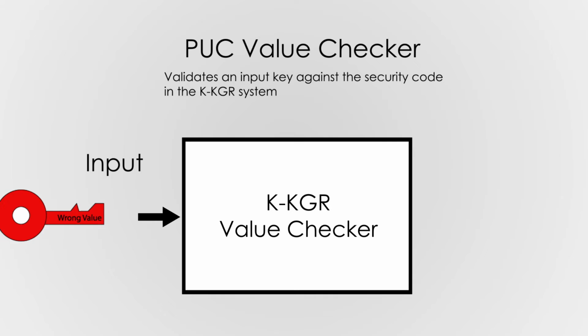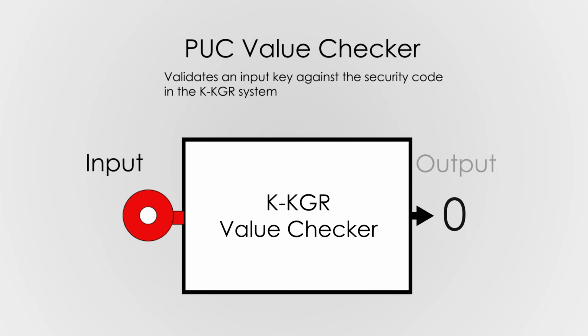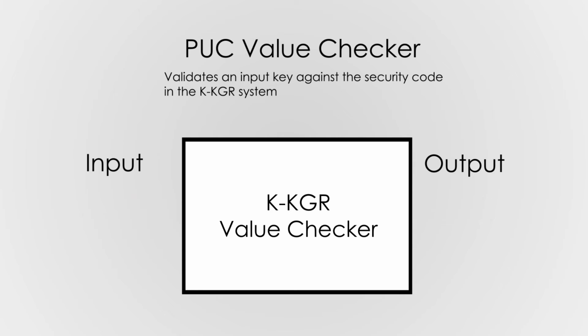If you have a wrong value as an input, the value checker will produce a 0 on the output. In the case where you have the right value, which will match the exact code or fall within the threshold around the code, it would produce a 1.